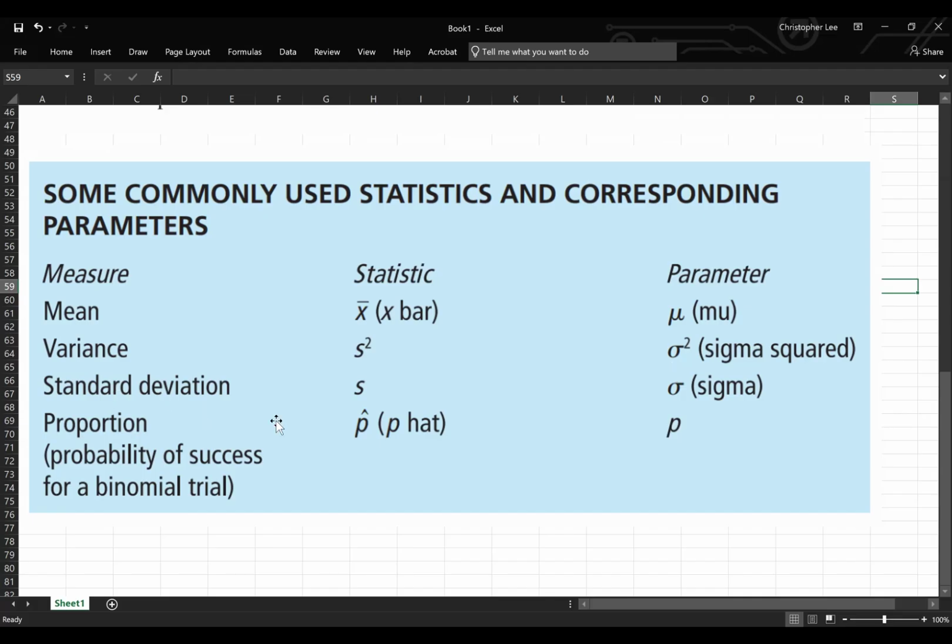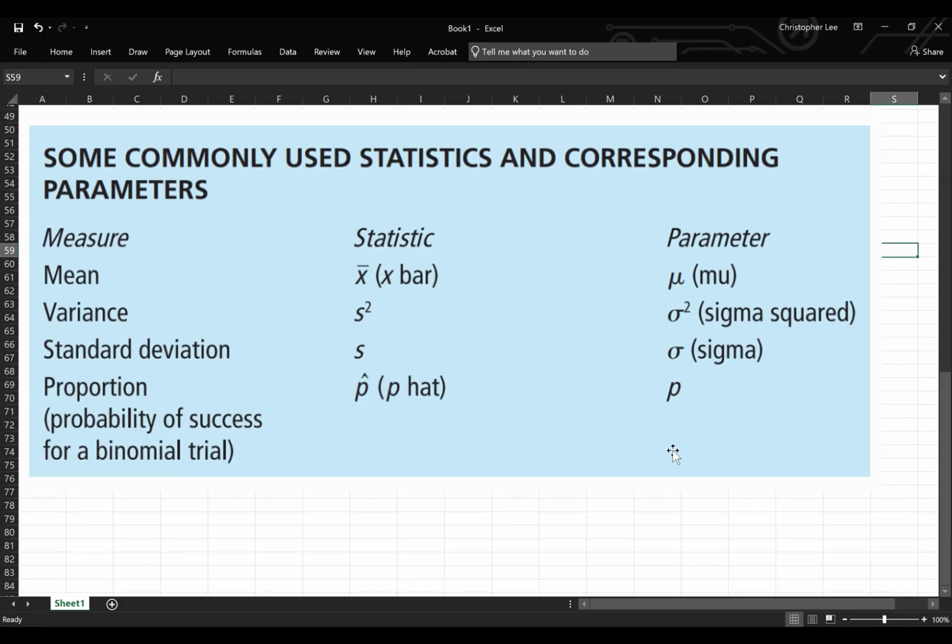For standard deviation, we have just plain S, right, for our sample standard deviation, and we have sigma for our population standard deviation, right? Also, we're not going to get much into this, but I'm going to mention it. Proportions, right? These are the probabilities of success for a binomial trial, right? We have p hat, which is our sample proportion, and we have rho, which is our parameter, right? Our population proportion.